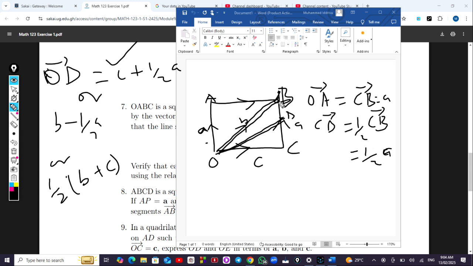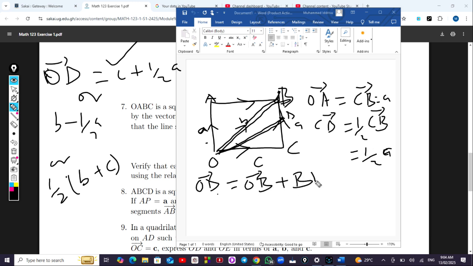Using the triangle law of vectors, OD will be equal to OB plus BD. BD is antiparallel to CD, so negative CD represents BD.